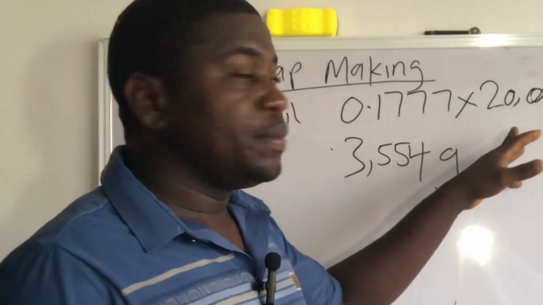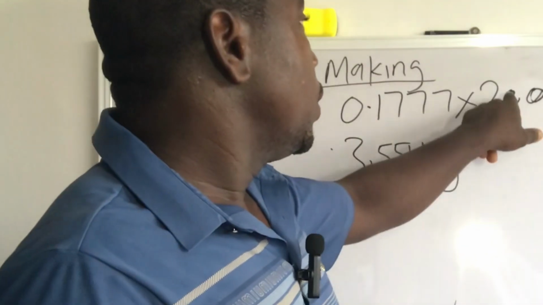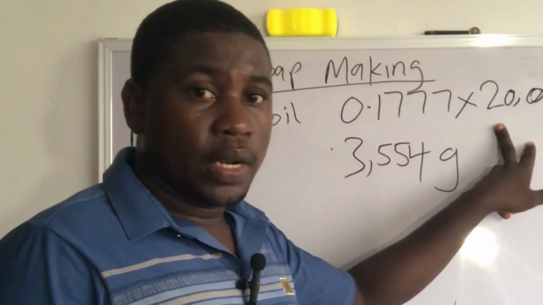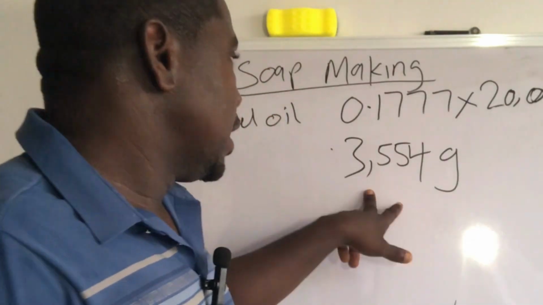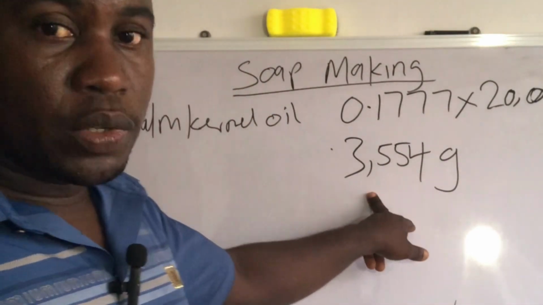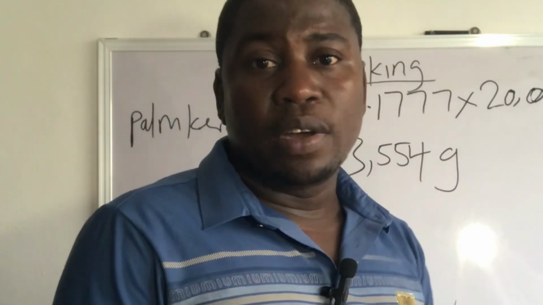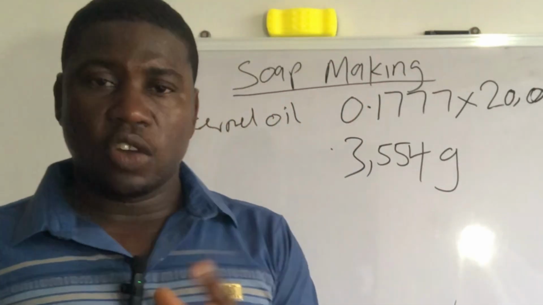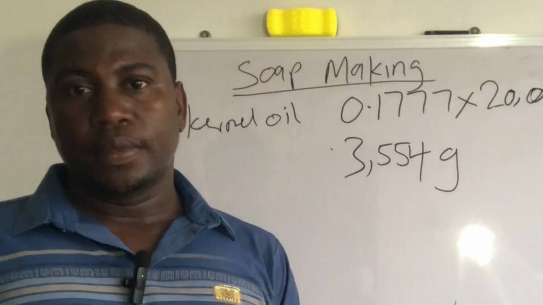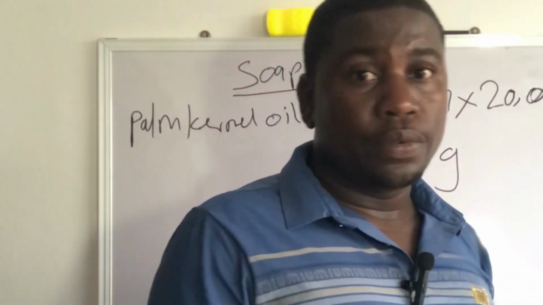You'll be wondering, if we have 20,000 grams of oil and 3,554 grams of caustic soda, then how do we get the amount of water that we'll be using for this production? That's very simple.